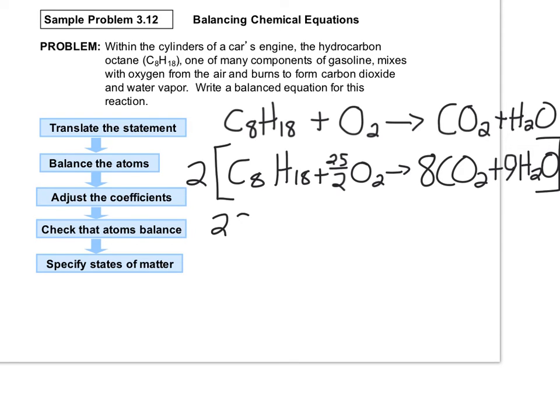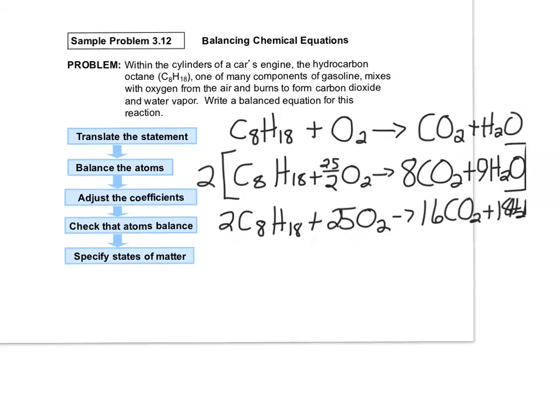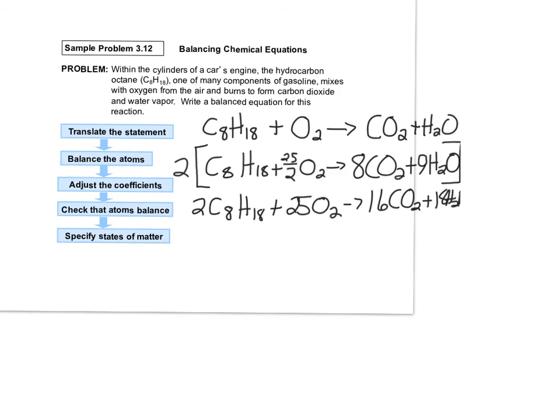I've got 2 octanes now, because 2 times 1 is 2, plus 25 oxygens, because 25 halves times 2 is 25, yields 16 carbon dioxide, because 2 times 8 is 16, plus 18 waters, H2O.